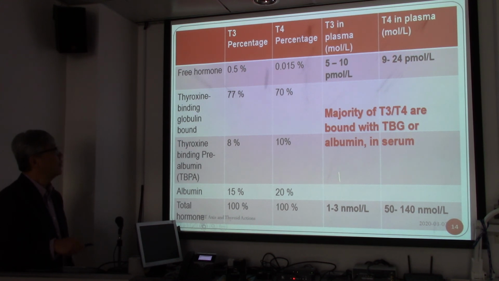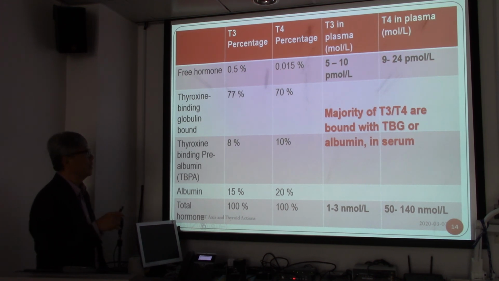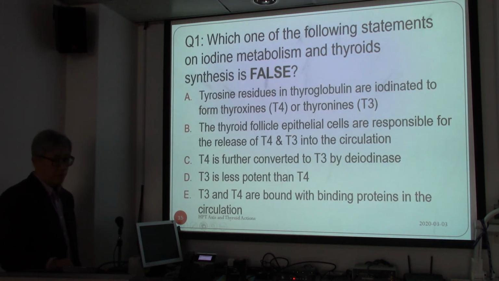Okay, so these are the concentrations. The total concentration is 1 to 3 nanomolar, and then free hormones are only at picomolar concentration. All right. So these are figures that we have to be able to identify in order to call these diseases.